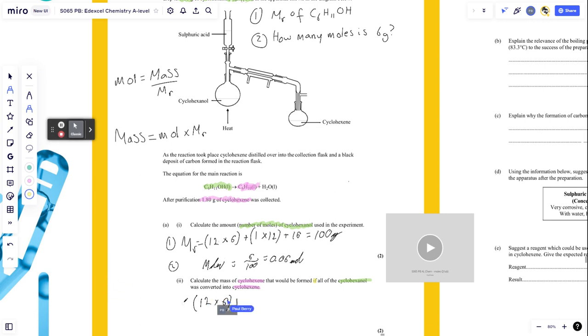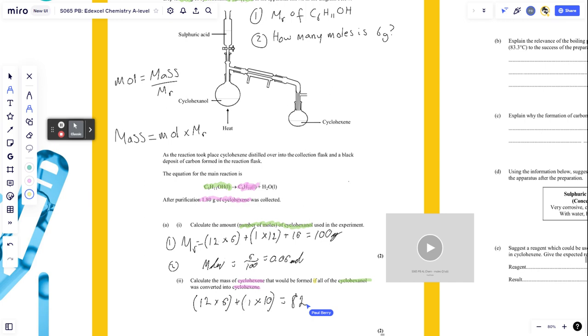Yeah, so the first stage is going to be to work out the molar mass. That's the molar mass of the new product, the cyclohexene. We already know the molar mass of the cyclohexanol, and we even know the number of moles of the cyclohexanol. So the molar mass of cyclohexene is 82 grams.